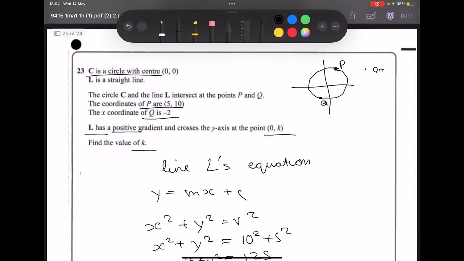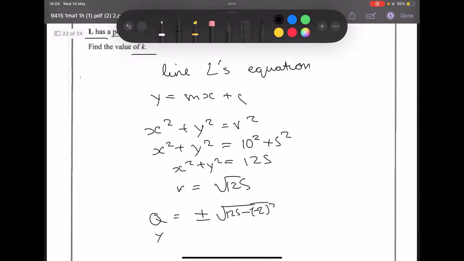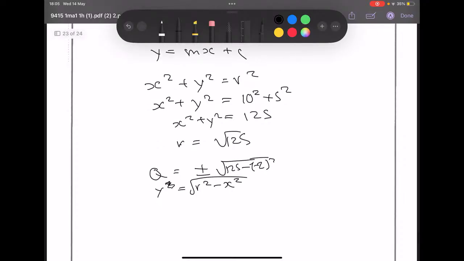Now the minus 2 squared comes from the x coordinate. So we know here that y squared equals r squared subtract x squared. Now to get y, we'd just square root this, and that's what we have done here.